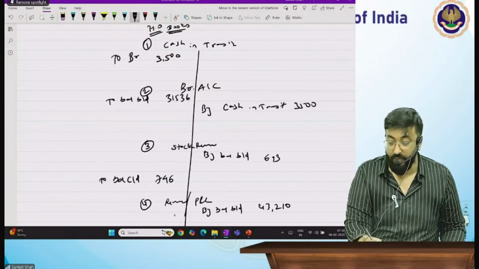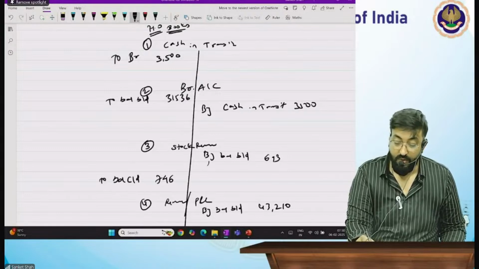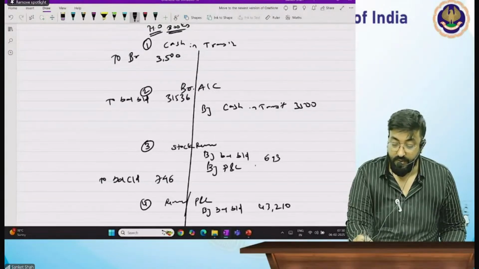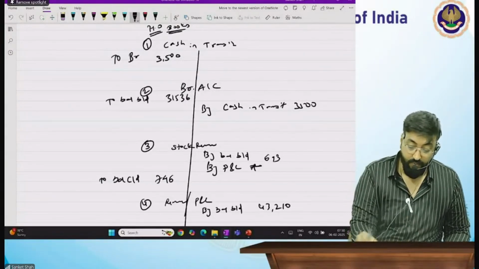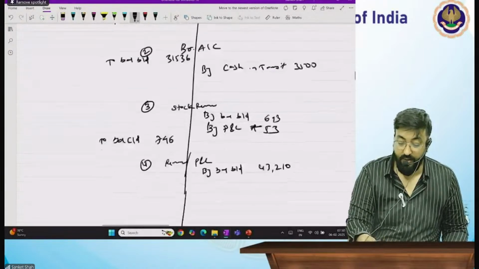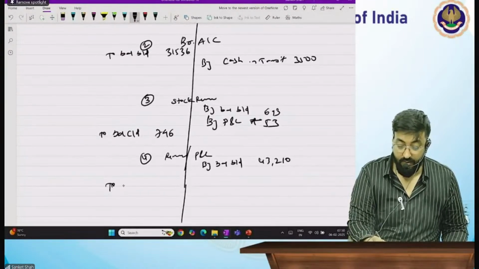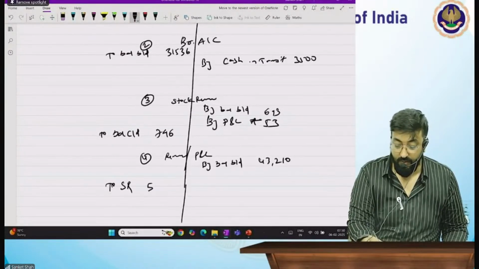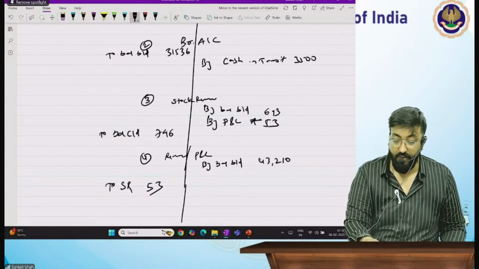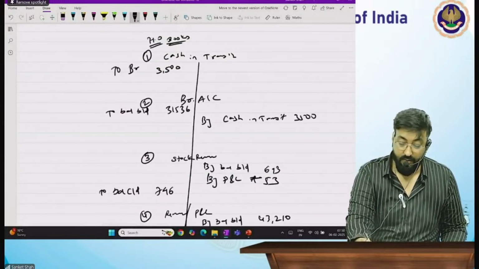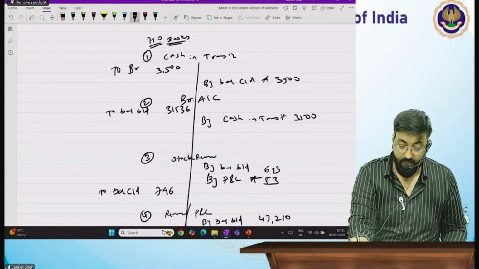That is the closing balance, no? Yes, sir. So what is the difference? 53. Here we will write 53, and the second effect in P&L, to stock reserve 53. Correct? Yes, sir.